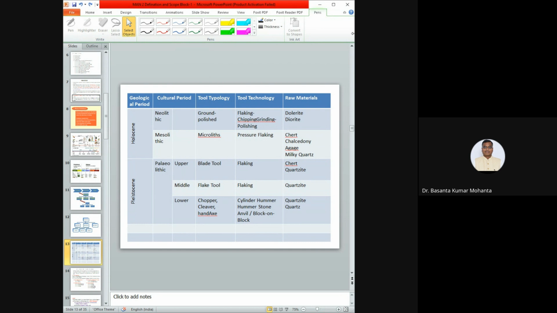It was C.J. Thomsen, the curator of the Royal Danish Museum, who for the first time tried to separate the human cultural evolution based on the available material.